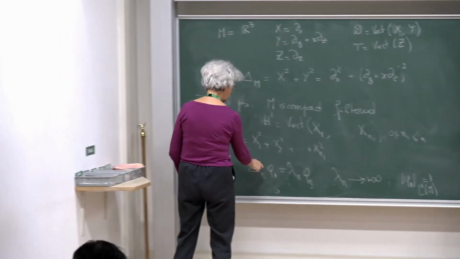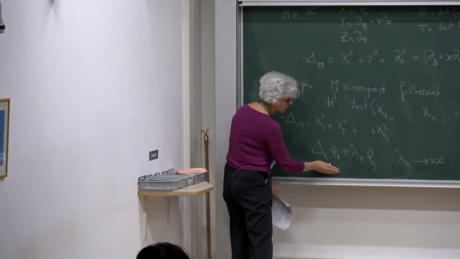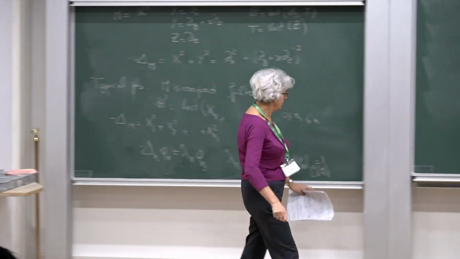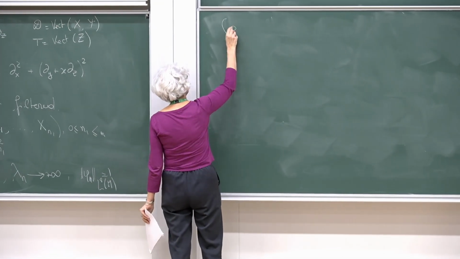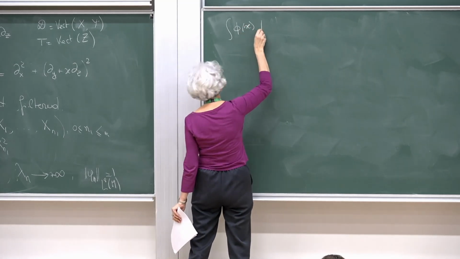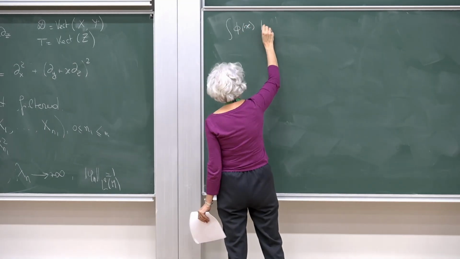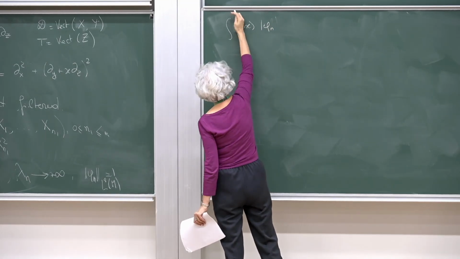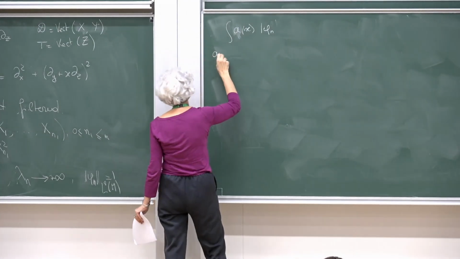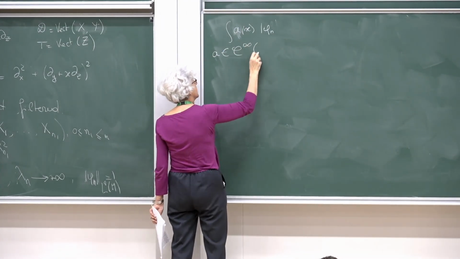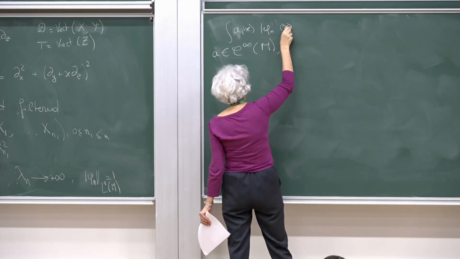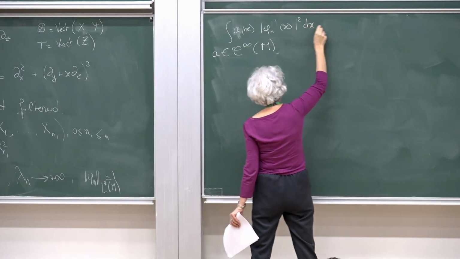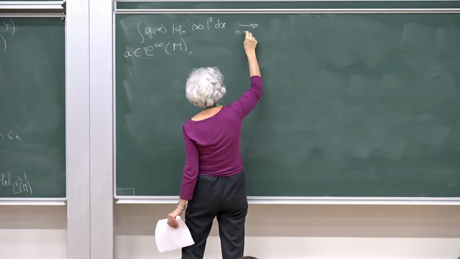Okay, and the questions that usually people are interested in, at least in the Riemannian case, is to say something about these quantities. So I take some compactly supported function, I mean smooth because my manifold is compact, and I look at the evolution of these quantities, and I wonder what happens when n goes to plus infinity.